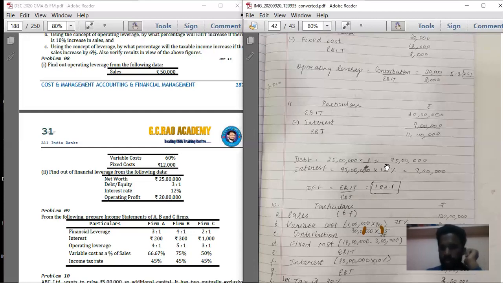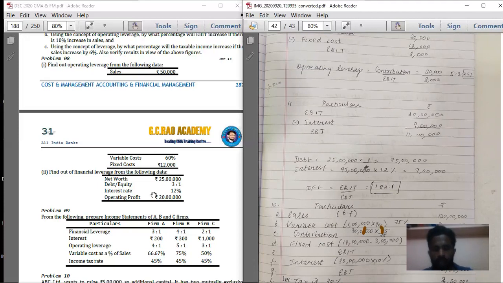What have they done here? Sorry, net worth is nothing but equity. Here we are assuming net worth as equity. So equity they have given 25 lakhs. Then what is debt we should calculate?